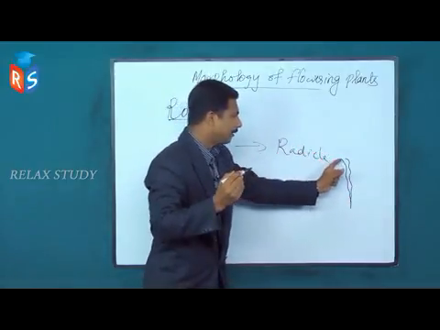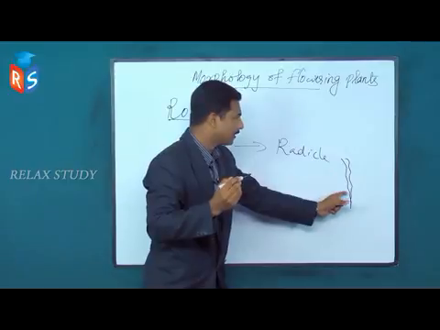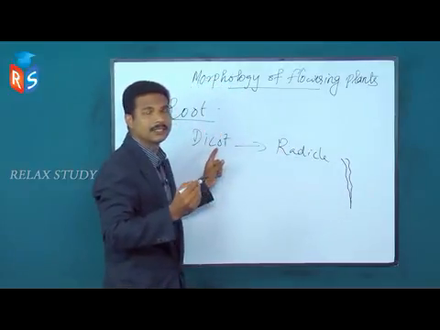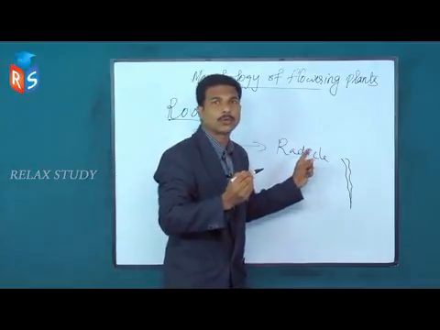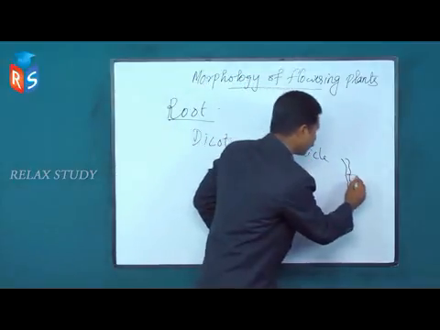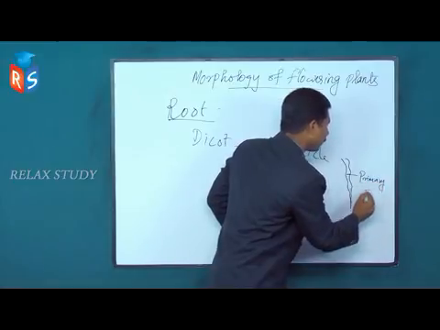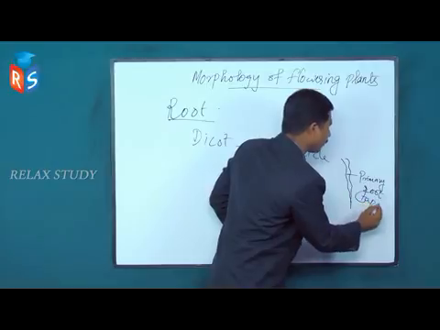So that main root, which is developed from the radicle in a dicot plant, is known as the primary root or taproot.